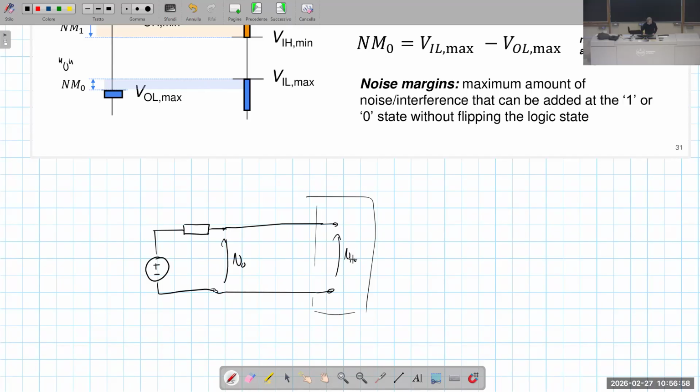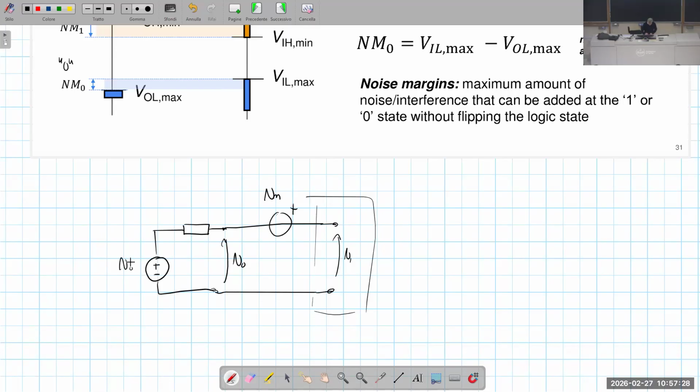Okay, even if VI, for a reason or another, we have here a noise voltage source. If we have this noise voltage source, that can be electromagnetic noise which is picked up by the wire, so it can be the inherent noise of the devices, or can be interference that is picked up on the line.